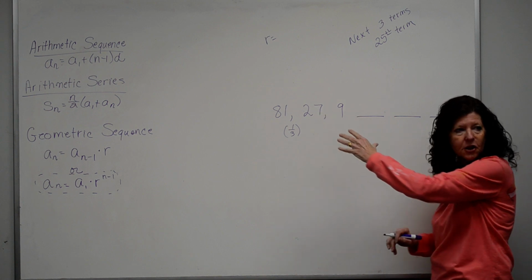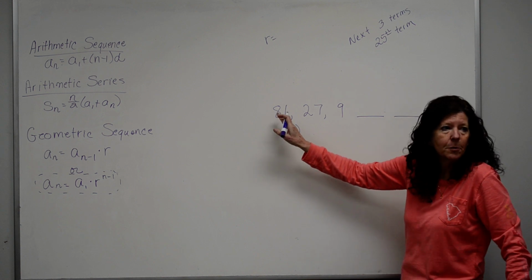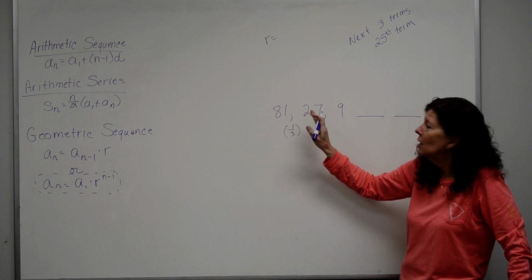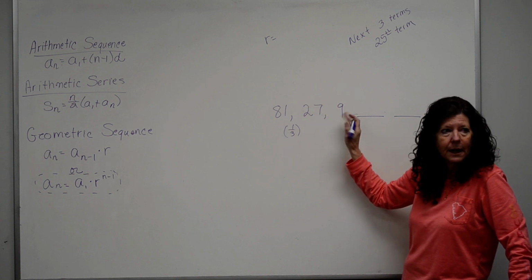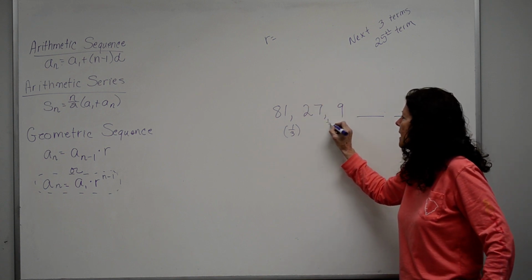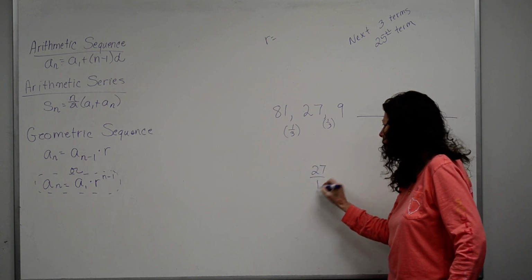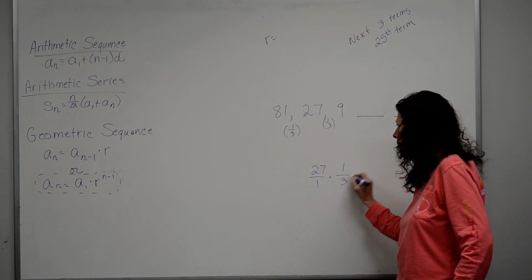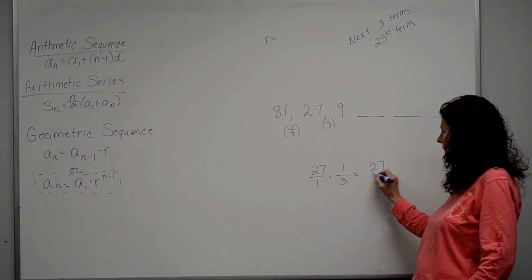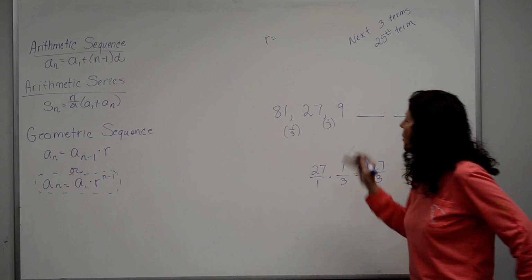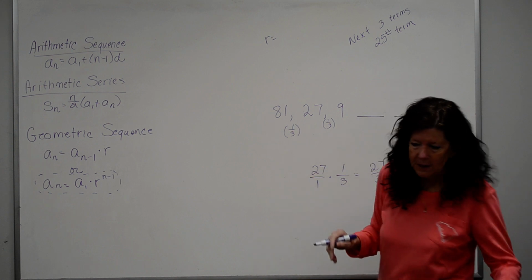You might not be as comfortable with changing 81 into 27, but you do know 27 divided by 3 is 9, which means if I multiply it by 1/3, 27 over 1 times 1 over 3 gives me 27 over 3, which is 9. So that's one way that you can always find it.